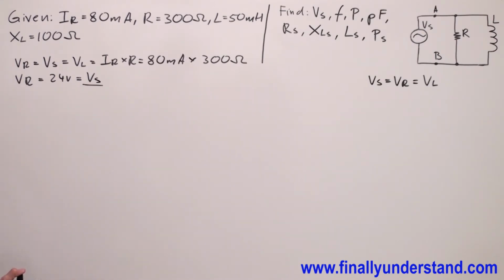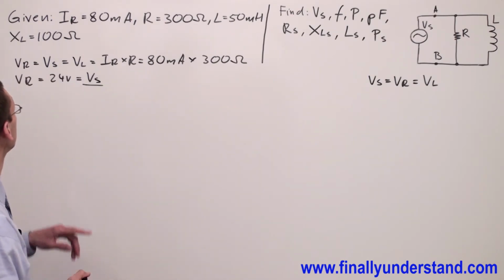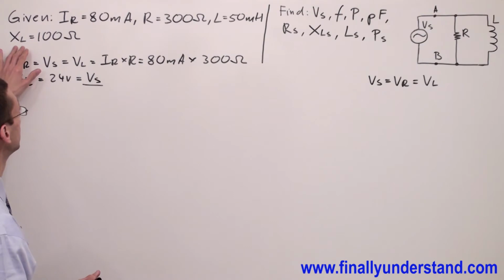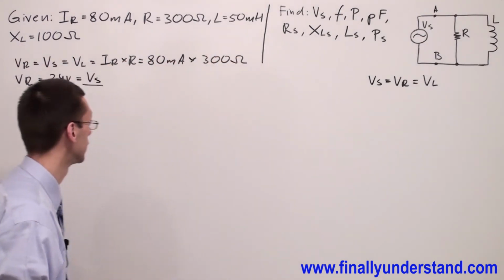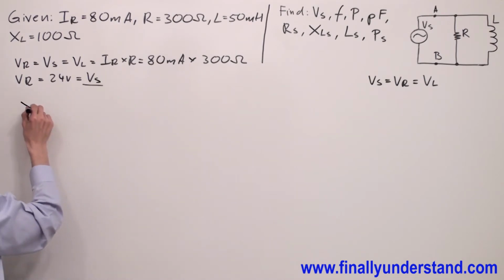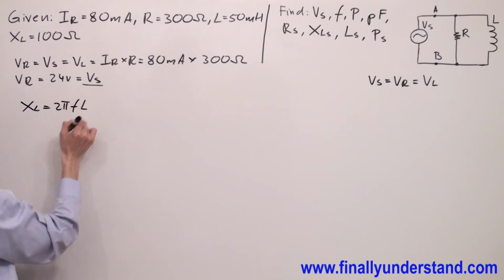Next, I'm supposed to find the frequency. Please notice that we have been given X of L and we have been given L. If you write the formula for the inductive reactance, X of L is equal to 2 pi FL.